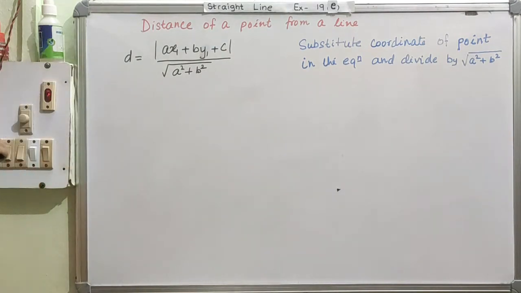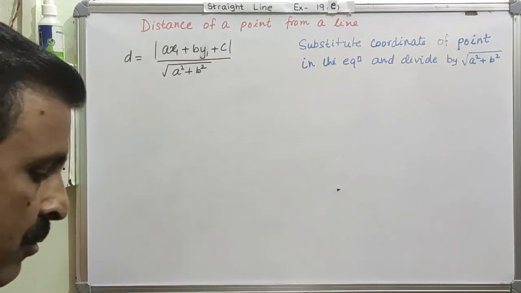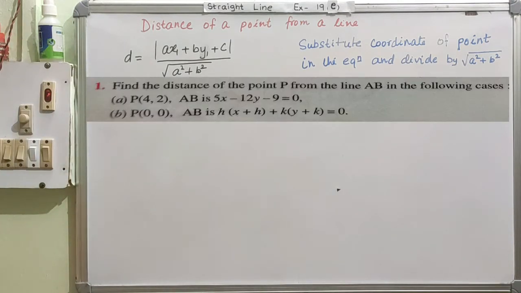So, with this, we would like to see question number 1. Question number 1 is: find the distance of the point P from the line in the following cases. So, here we have two questions, so let us see one by one.